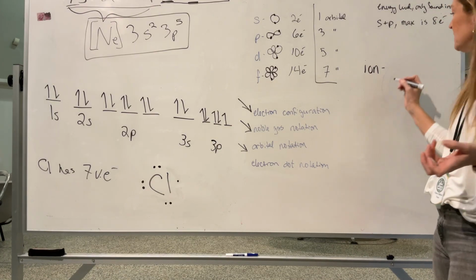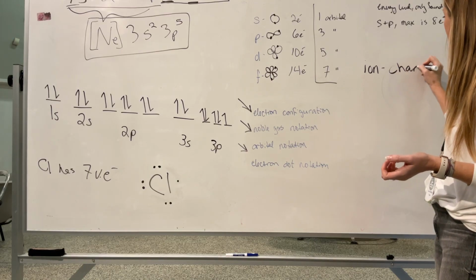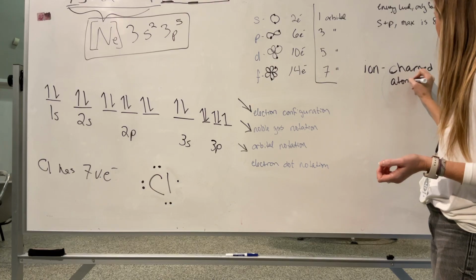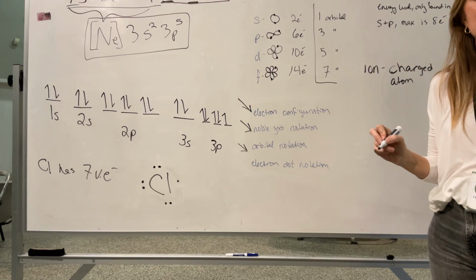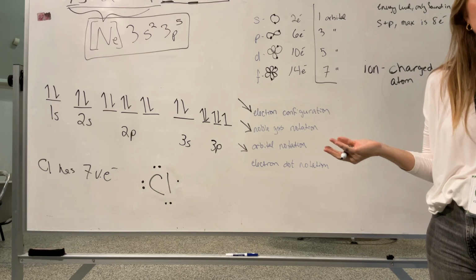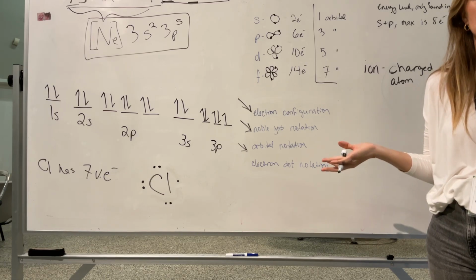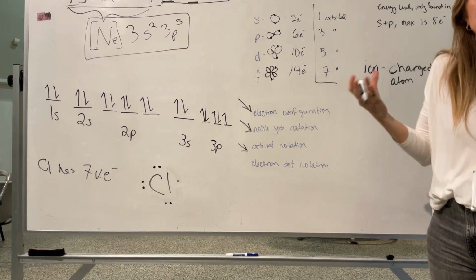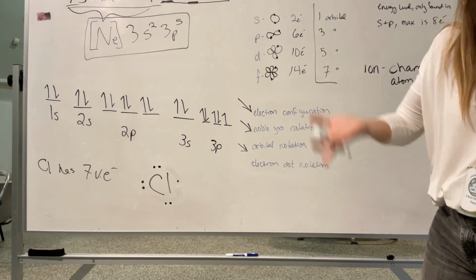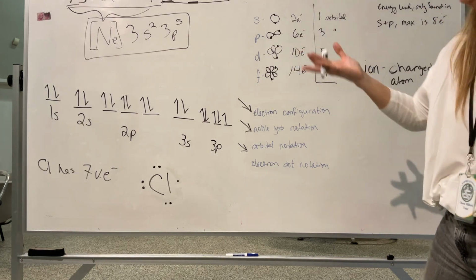It is basically a charged atom. It either has more electrons, which makes it negative, because an electron is negative. So I'm going to have a net amount more of electrons than protons.